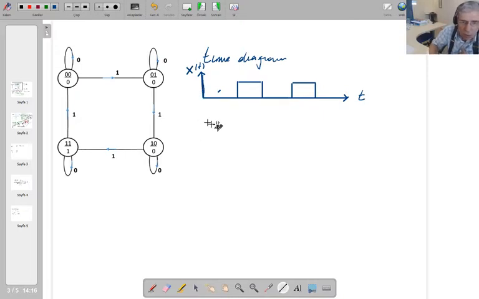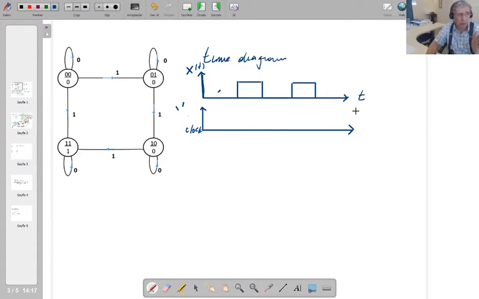Now the next thing that I'm going to draw with respect to time is going to be the pulses, clock pulses. Clock. So let's write clock. For each input, I must have a clock pulse.